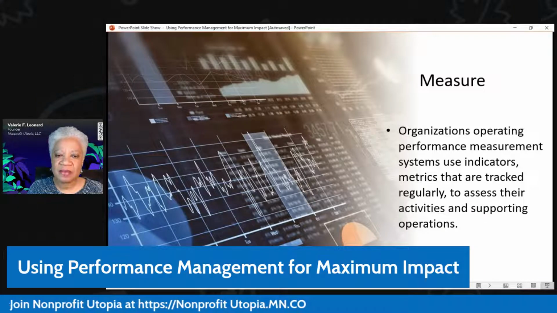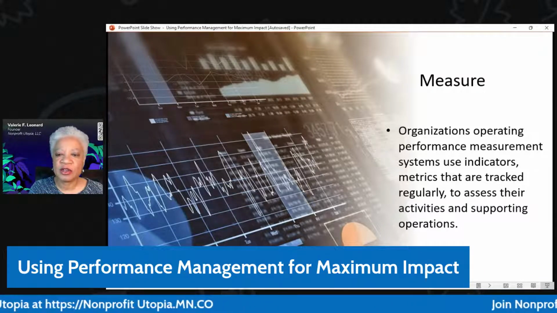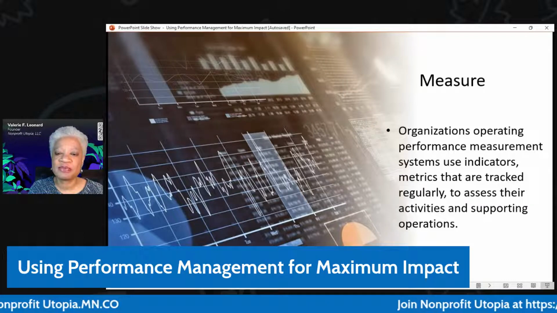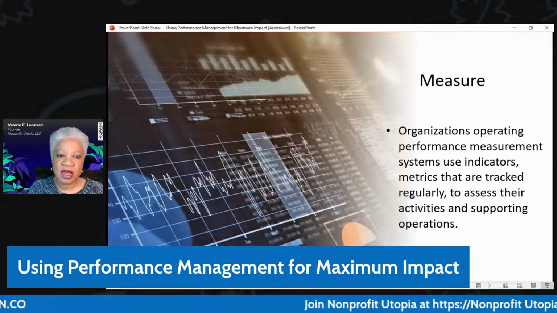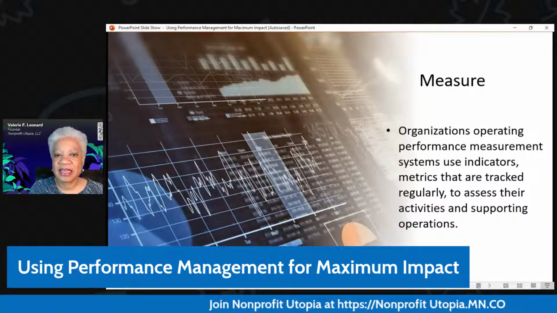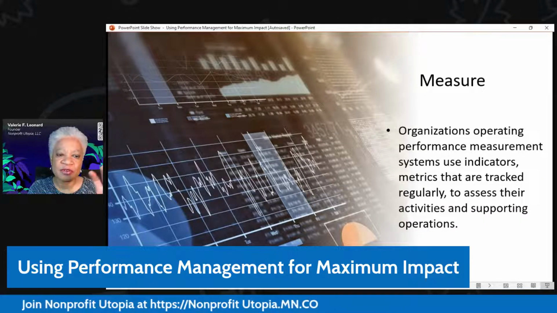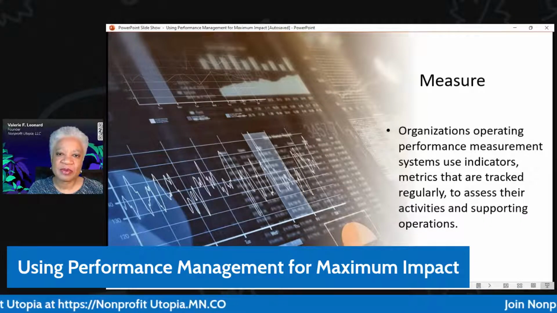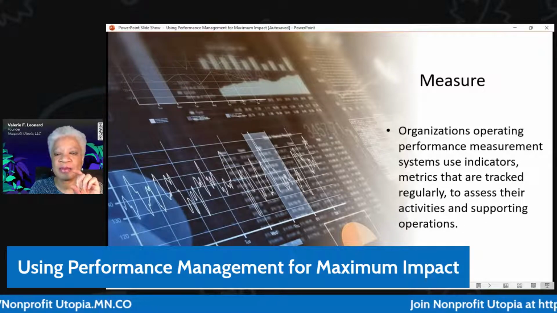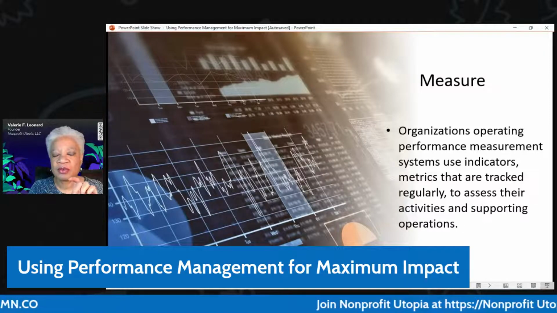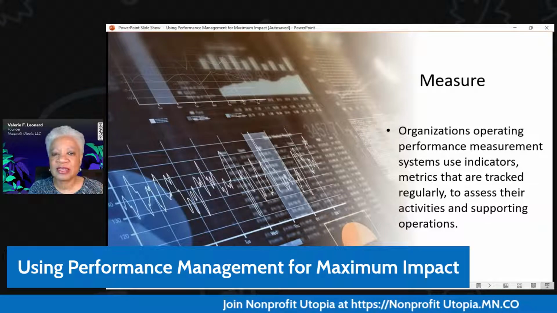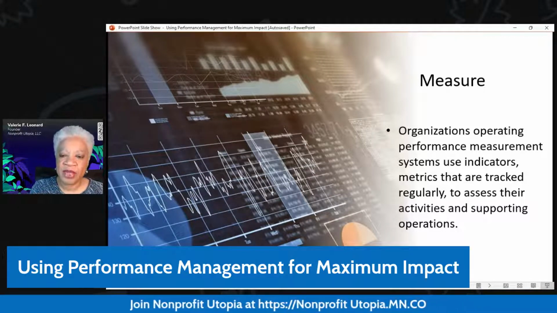So when we talk about the measurement, we use operating performance measurement systems to provide indicators of your progress, right? After you have your goals and objectives, you want to be able to know what progress you're making. So you're going to need to have measurements, right?